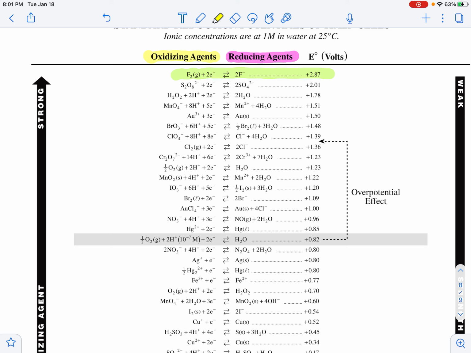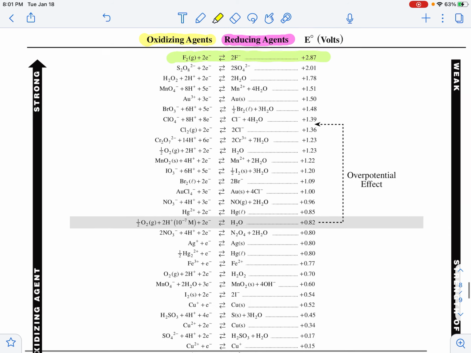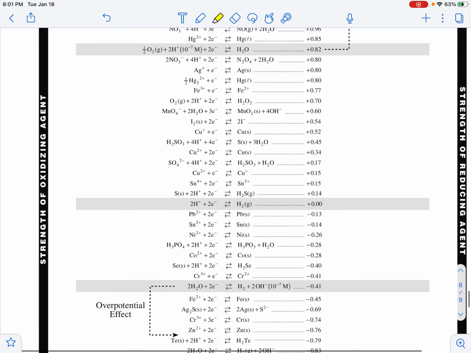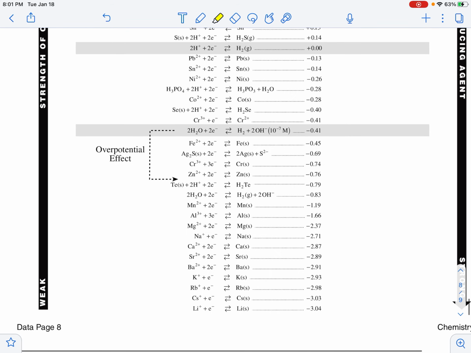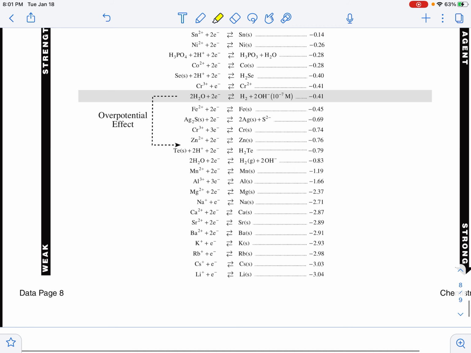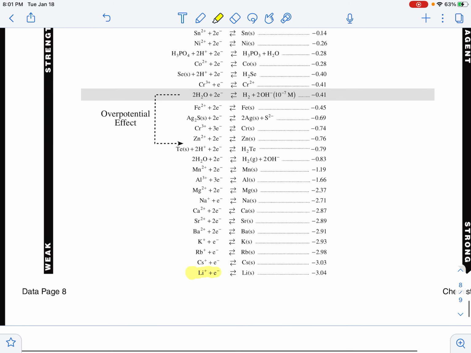Now, as you get a sense of this table, as you go down the left-hand side, you get weaker and weaker as an oxidizing agent. As I scroll down here on the chart, you get down to the very bottom of the chart. I'll highlight this line down here on the bottom.